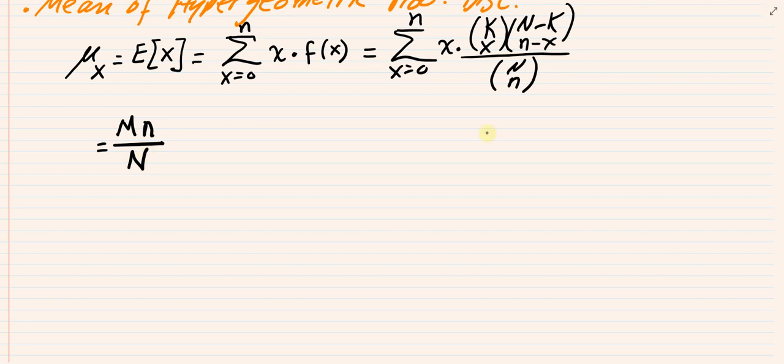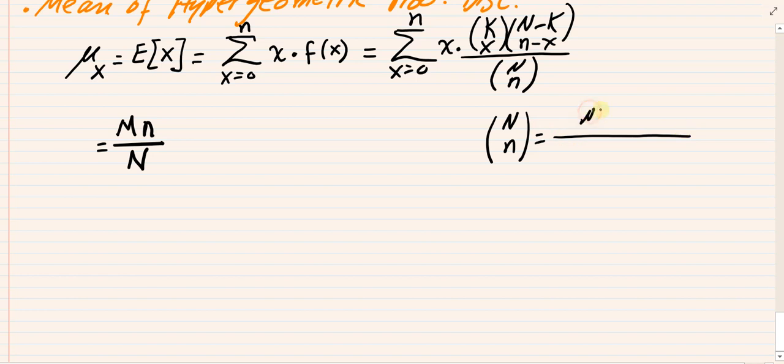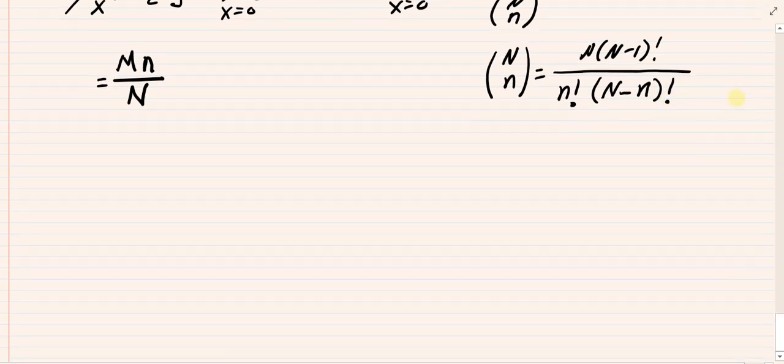If you look at the denominator, N choose n, we can write it with factorials. I'll write it one more step.